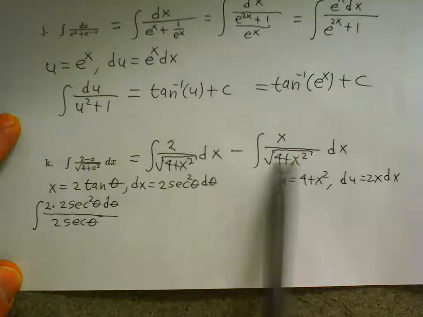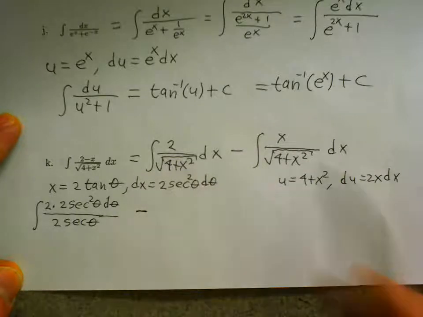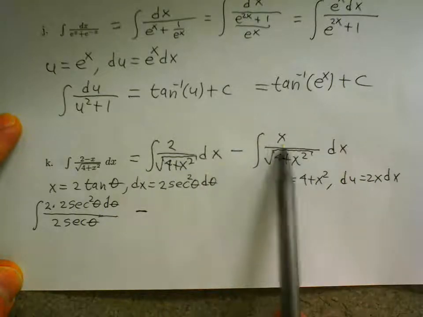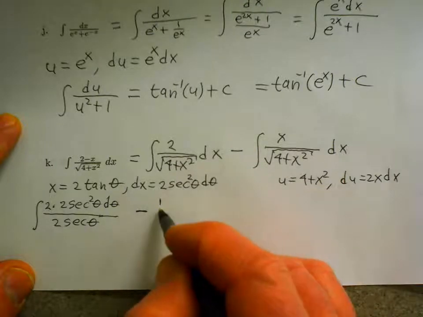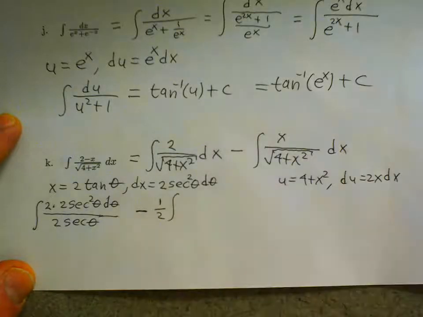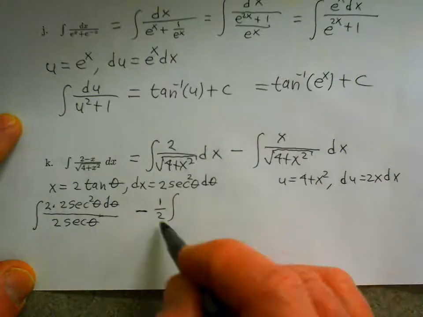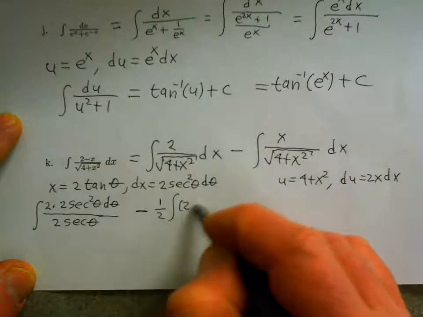But let's go ahead and work on the other integral on the right. So we multiply by 1 in the form 1/2 times 2. So we get 1/2. I'm going to write this as 2x.